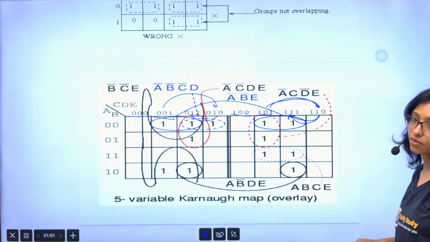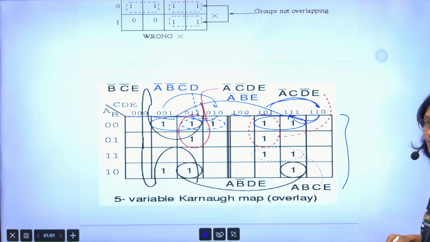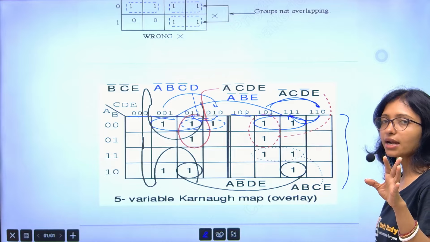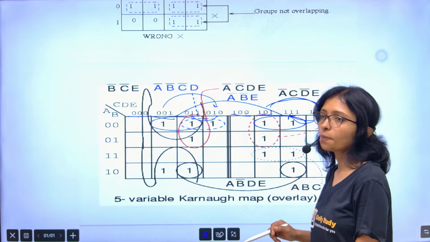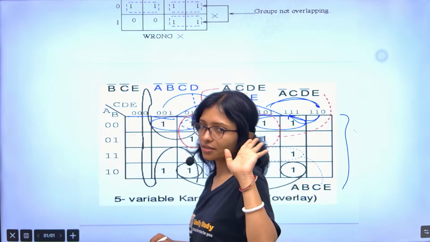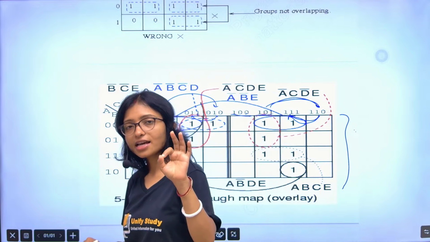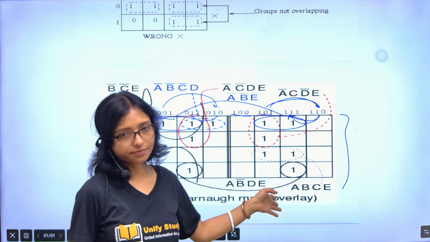Definitely practice with 5 variables also, at least where I am giving what cell, because sometimes, rarely, they ask 5 variables also. Especially I saw the Telangana SET particularly asking this type of 5 variable question.